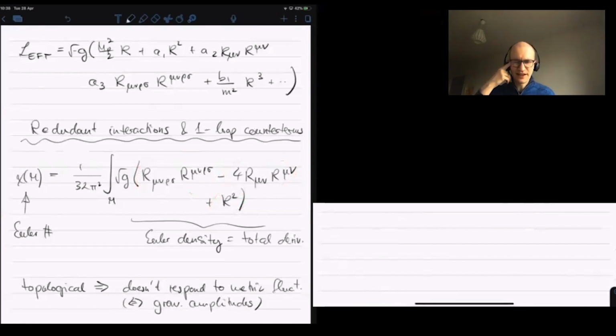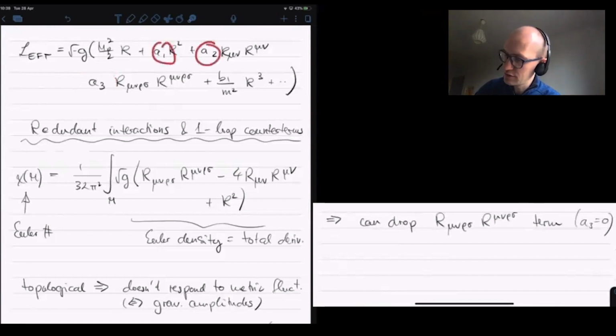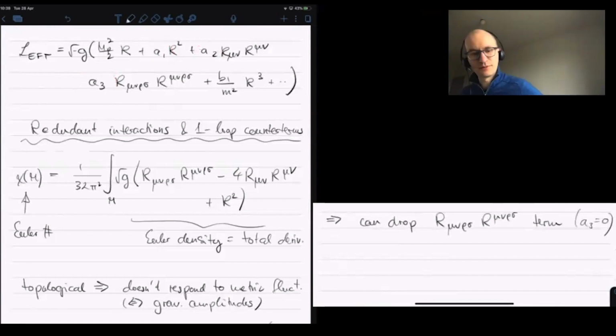But in particular, I can get rid of one of these interactions. So for example, we're going to make the choice that this tells us that we can drop the Riemann squared term. Okay. So we're going to set A3 equal to 0 here. But of course we could have also dropped, as I was saying, A1 or A2. That's not important, but we're going to make this choice.